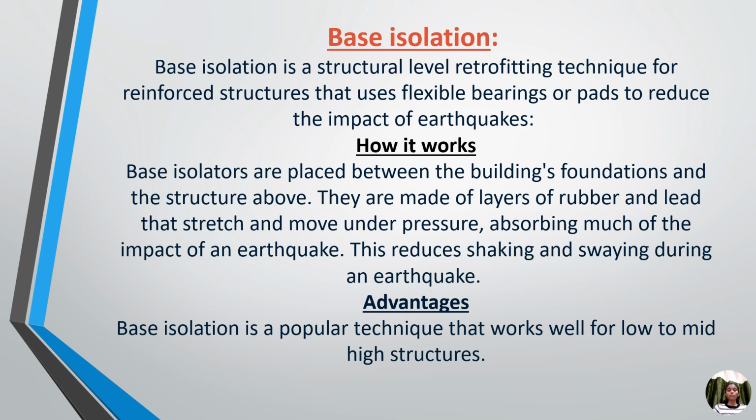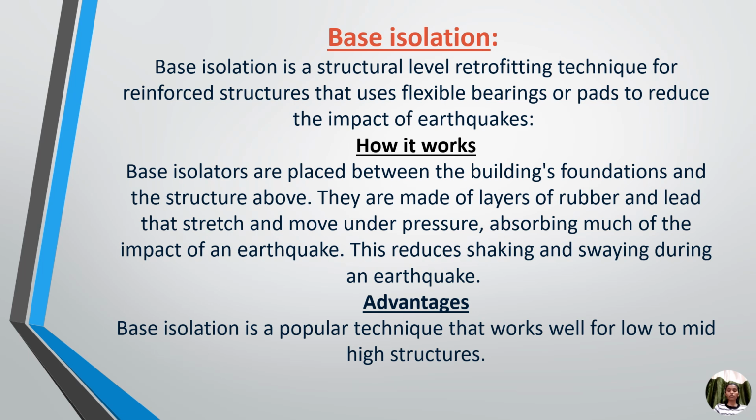Base isolation. Base isolation is a structural level retrofitting technique for reinforced structures that uses flexible bearings or pads to reduce the impact of an earthquake. Let's see how it works. Base isolators are placed between the building's foundation and the structure above.